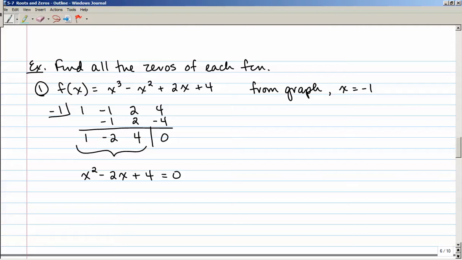I already have one right here. One of my zeros is negative 1, but now I need to figure out what zeros I have here.